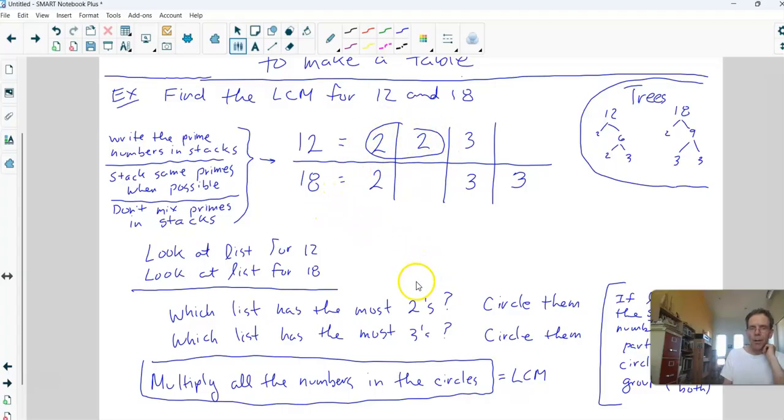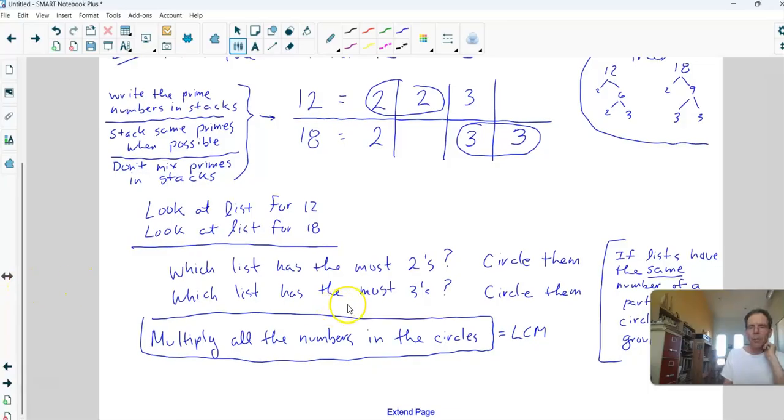How about 3's? Circle the most 3's you see in either list. So you just go through the list of primes and circle the ones that have the most. If they're tied, like if one list has two 2's and the other list has two 2's, just circle one group, not both of them, but one of them. We didn't have that happen here.